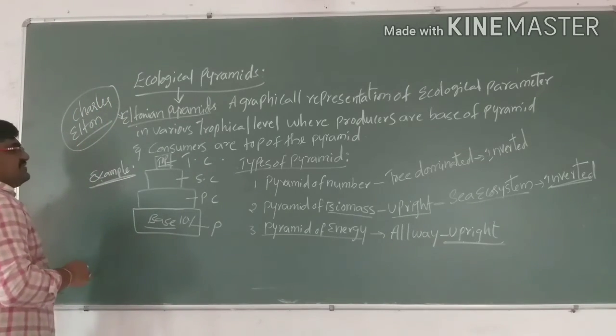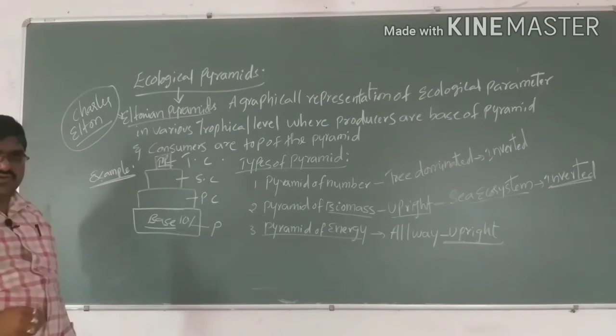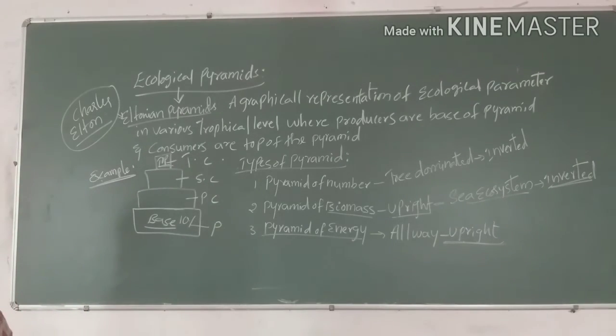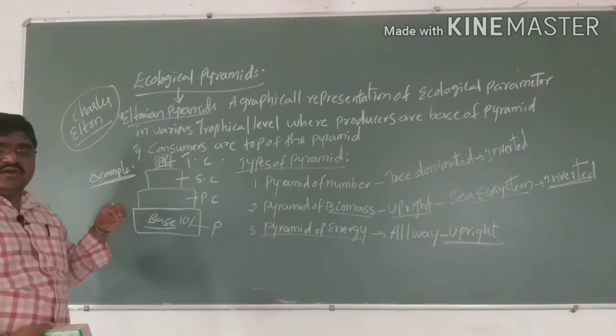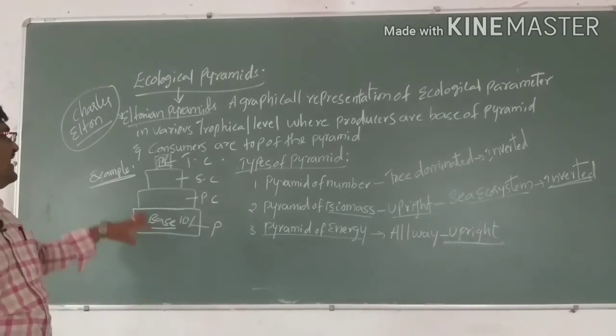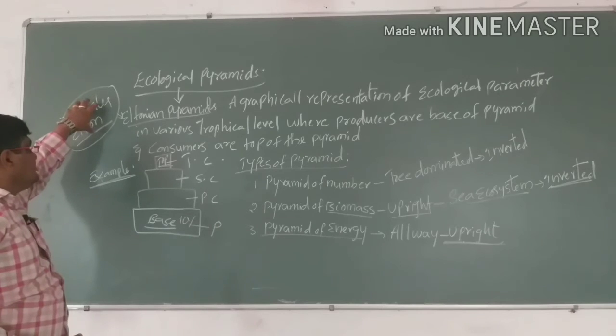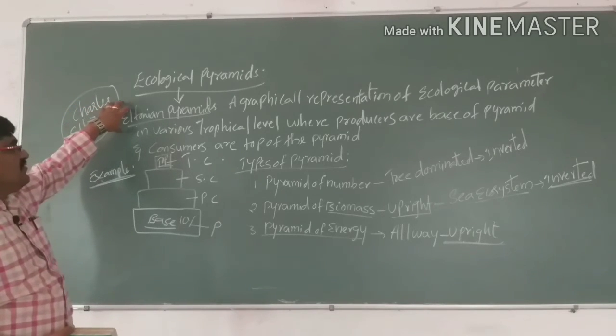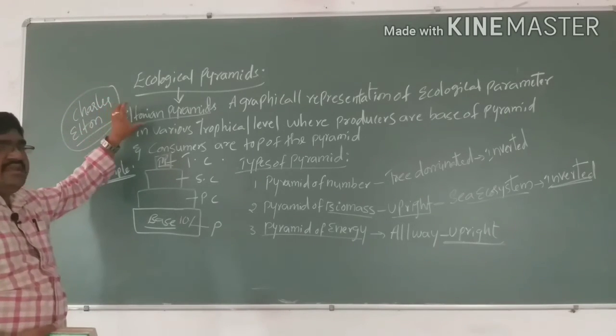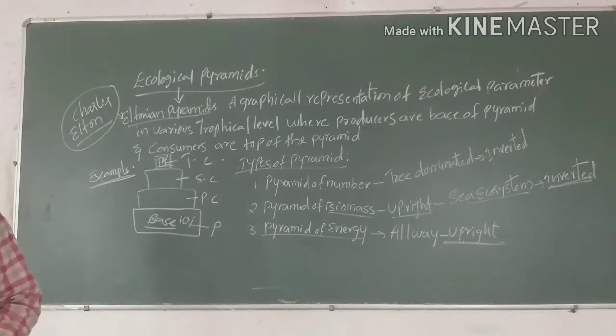So instead of his name, these pyramids are also called Eltonian pyramids.